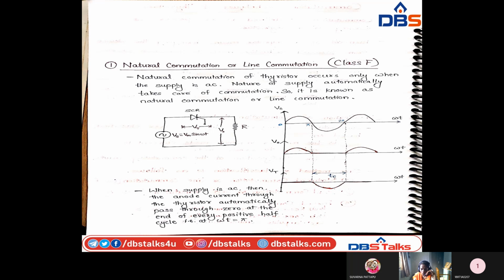In the negative half there is no current flowing, and after that, as the sinusoidal wave goes on, the voltage will increase again. So VT means thyristor voltage, and this is the load voltage. The thyristor voltage is in reverse bias condition. Okay. So this is natural commutation.